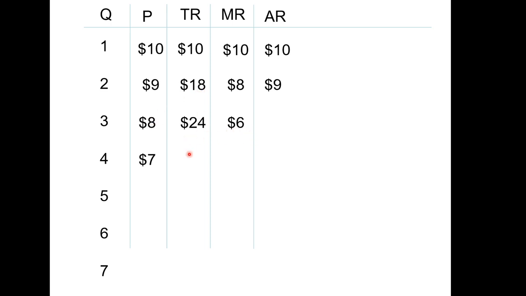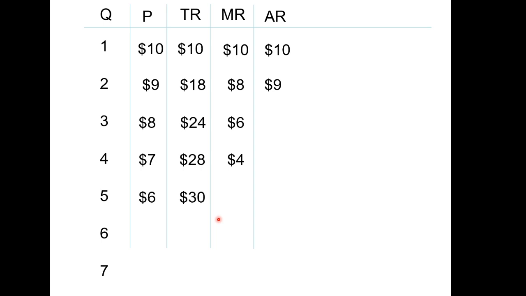Okay? Lower the price again to 7, right? And 7 times 4 is 28. Revenue went from 24 to 28. That's a change of 4. So we can see that it keeps going down by another $2 each time, because we have to keep giving money back to the people before, because they're no longer paying that price.